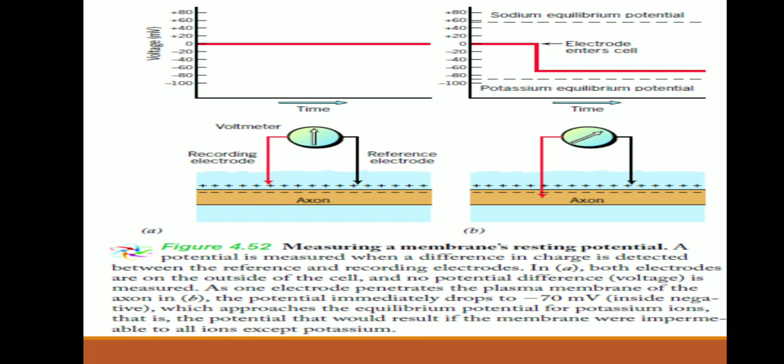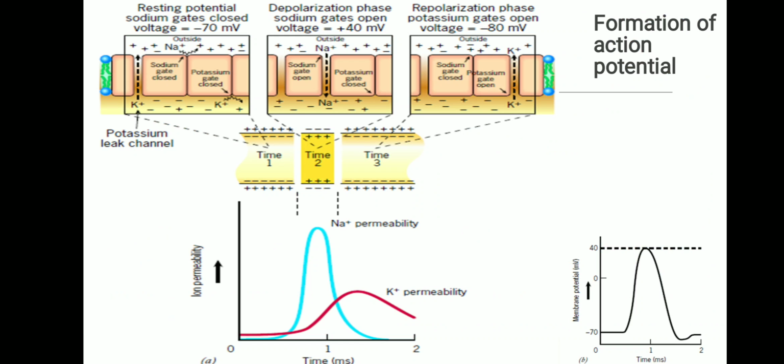But when the recorder electrode was inserted into the axon, it recorded that the membrane potential is minus 70. This was the experiment carried out on the membrane to know the membrane potential. This is how action potential takes place.